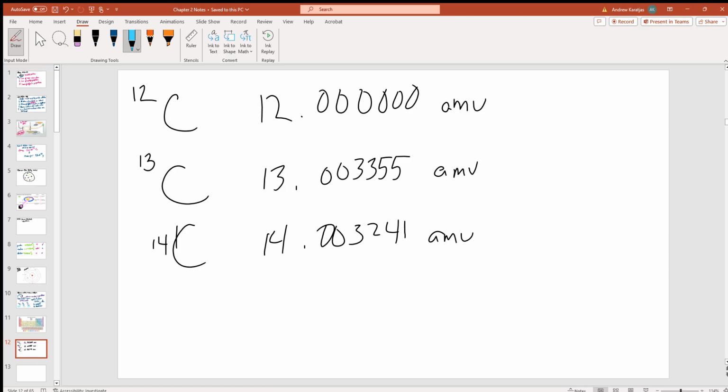Now, if we look at the relative percentages of these isotopes, carbon-12 is almost 99% of the natural abundance of carbon. Carbon-13 is a little over 1%.